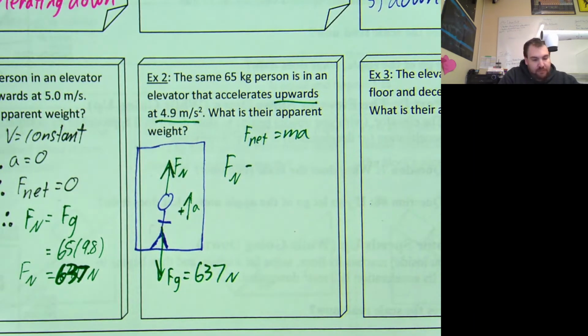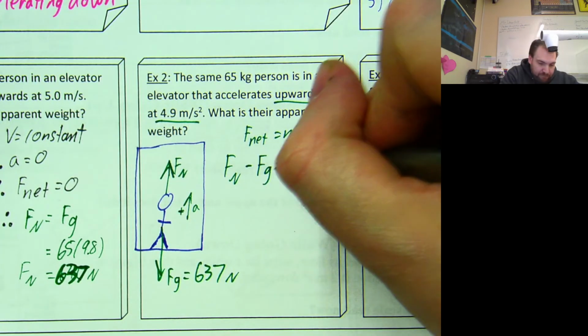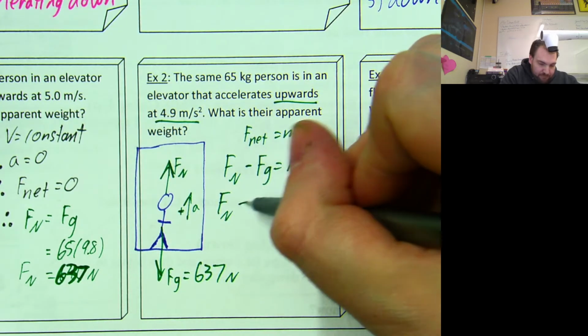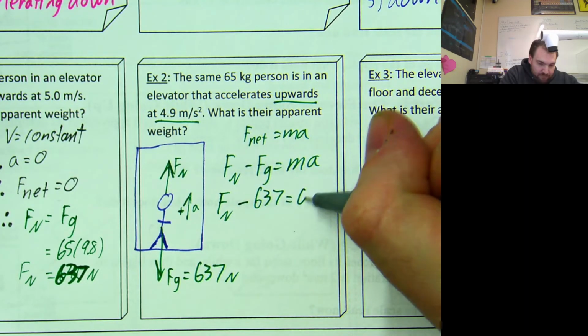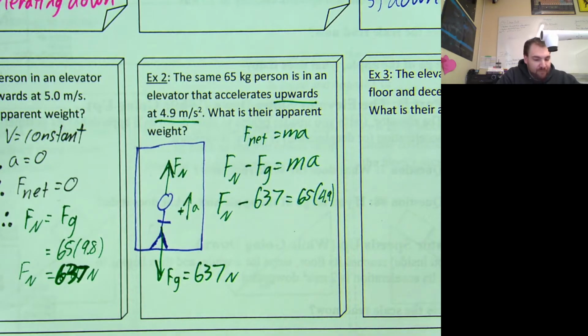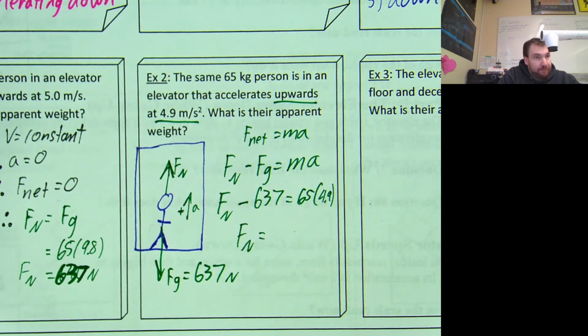Oh no, I got it. Because I was thinking Fn would be 65 times 4.9. I was thinking that it couldn't be bigger, but this calculation is the result of the Fn. Yes, you were ignoring one piece. So then what is Fn going to be?